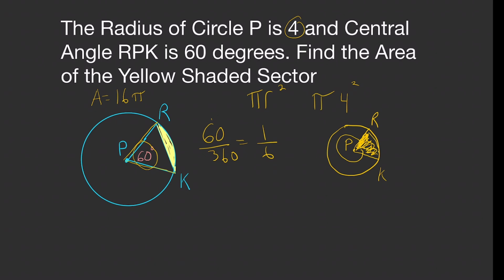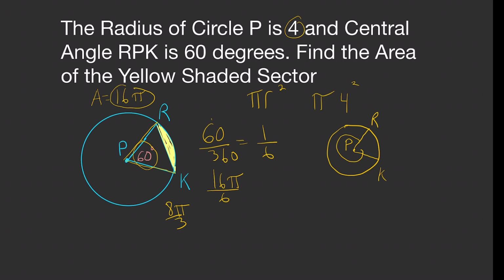So that means if I were to just find the area of this whole wedge RPK, it's 1/6 of the area, which was 16 pi, so I'm going to have 16 pi over 6, which I can simplify to 8 pi over 3.